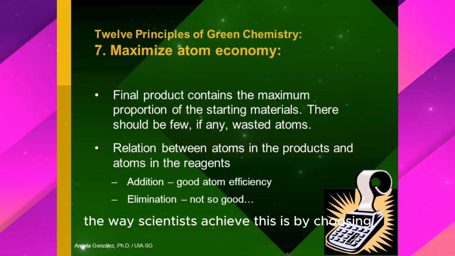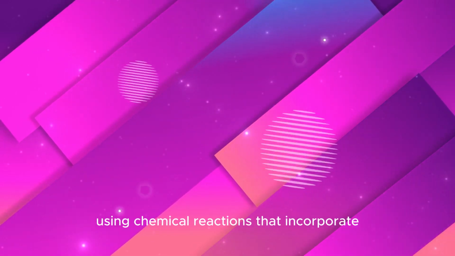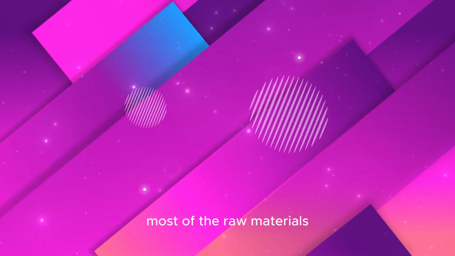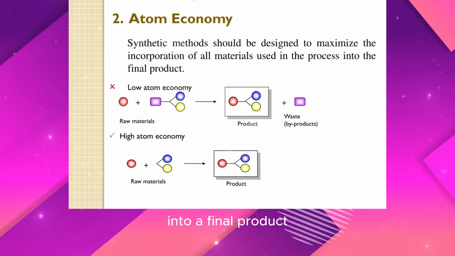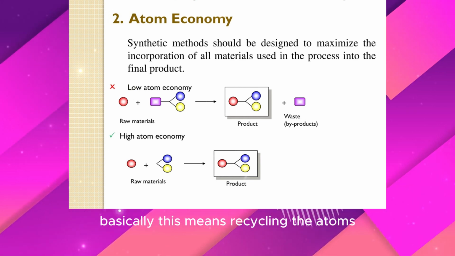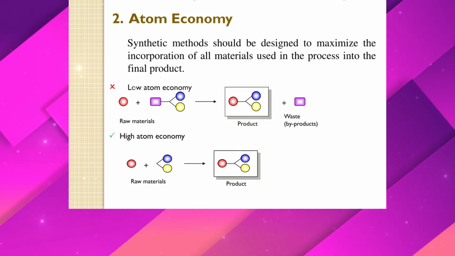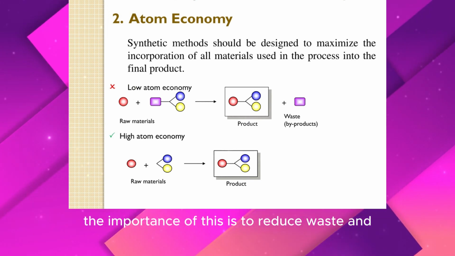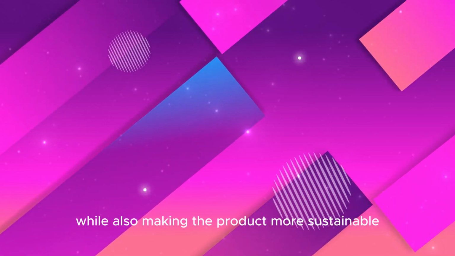The way scientists achieve this is by choosing efficient chemical reactions that incorporate most of the raw materials into a final product. Basically, this means recycling the atoms. The importance of this is to reduce waste and pollution, while also making the product more sustainable.